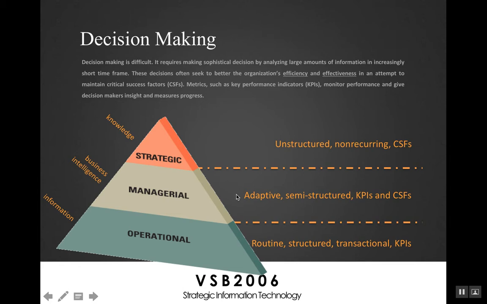So this tier was created with specific technologies and tools to be able to analyze data, take semi-structured and adaptive types of information, ask questions and get answers, and provide insights.